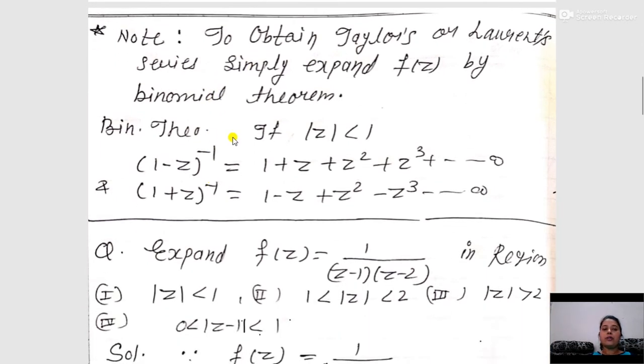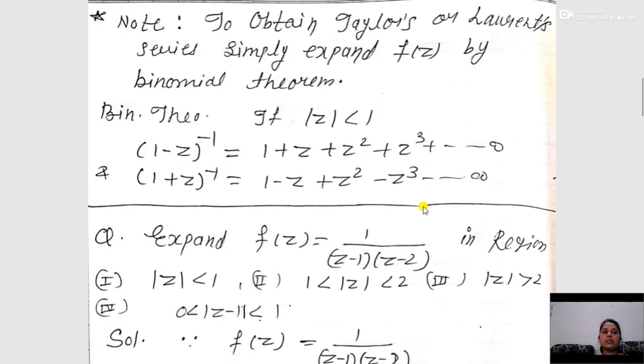So the binomial theorem says that if |z| is less than 1, then (1 - z)^-1 can be expanded as 1 + z + z^2 + z^3 and so on up to infinity. And (1 + z)^-1 is equal to 1 - z + z^2 - z^3 and so on up to infinity.